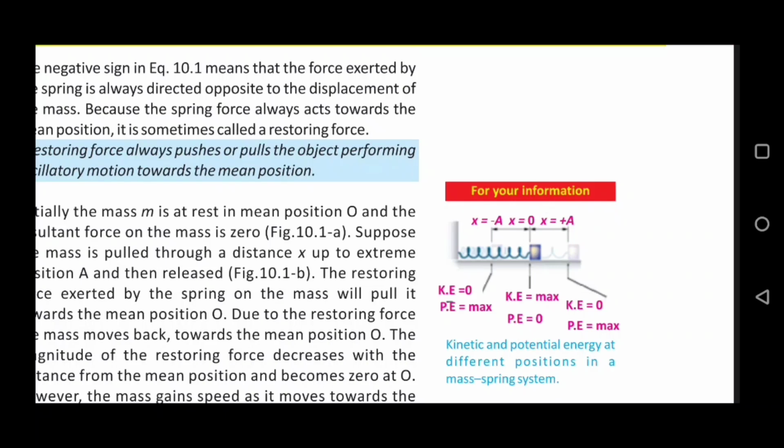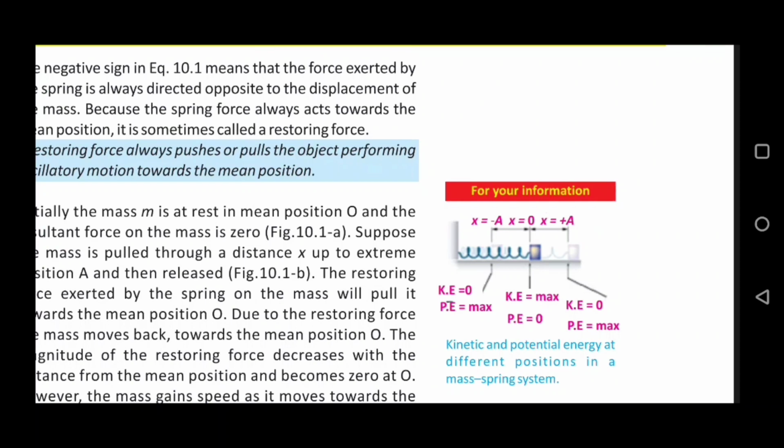And at the extreme position, zero speed means zero kinetic energy, and at the mean position O, kinetic energy is maximum due to motion, and potential energy is 0, because there is no specific position, no distance covered, or we say in vector form that displacement is zero.